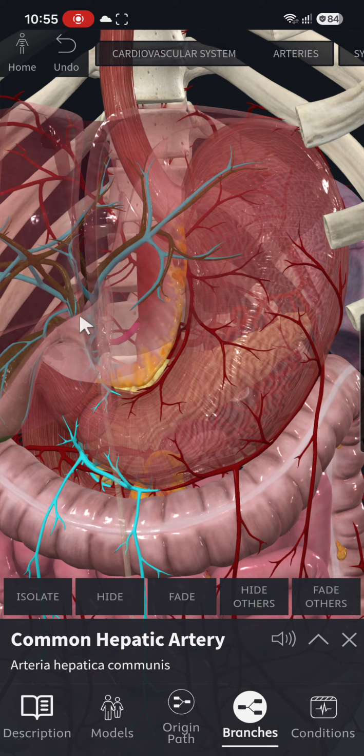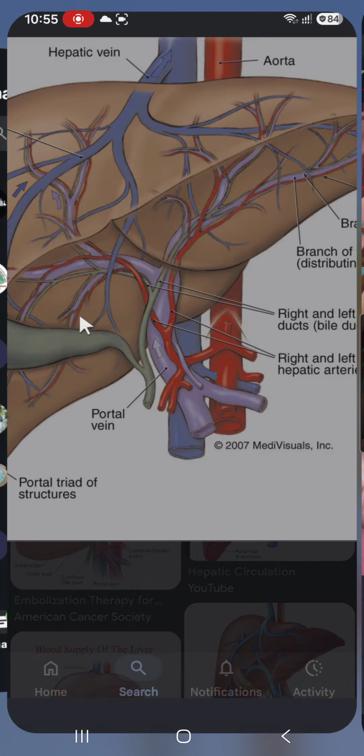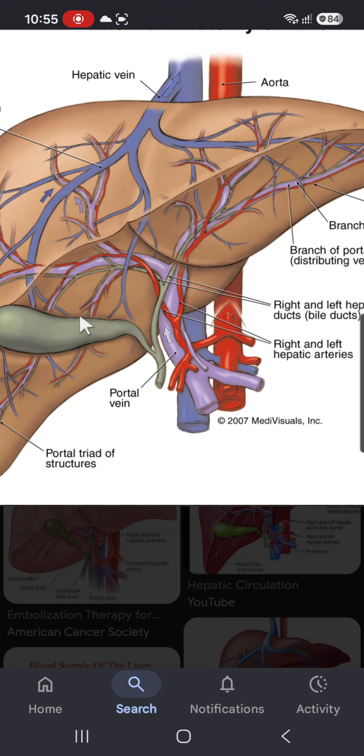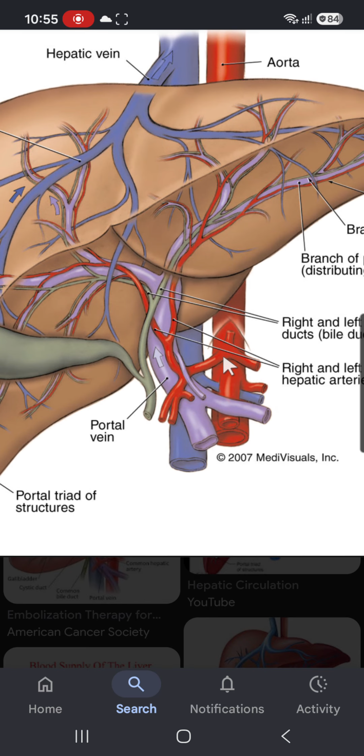Now, there is an interesting anatomical note regarding the hepatic artery along with the CBD and the portal vein. So this is the common hepatic artery, gives off the right gastric, gives off the gastroduodenal, and then becomes the proper hepatic artery.